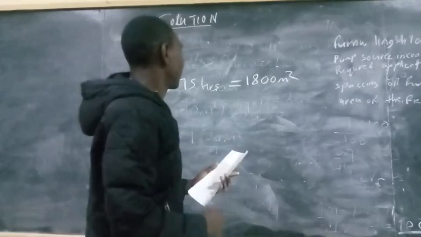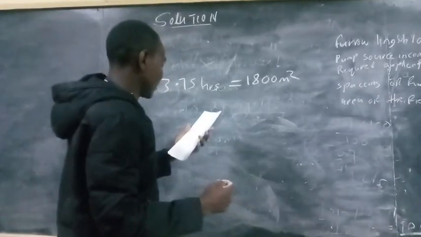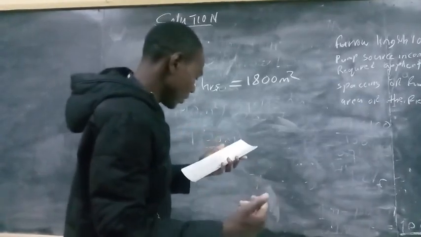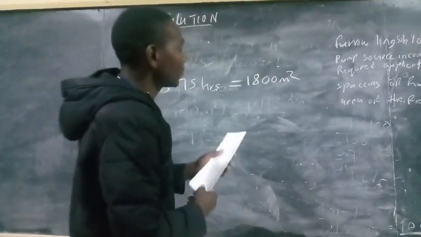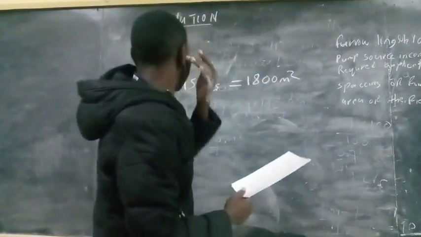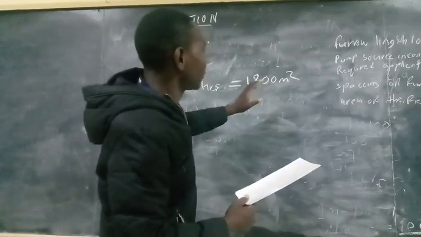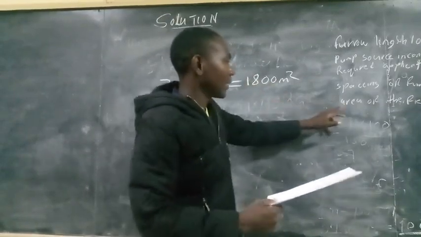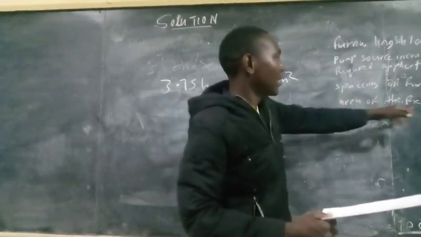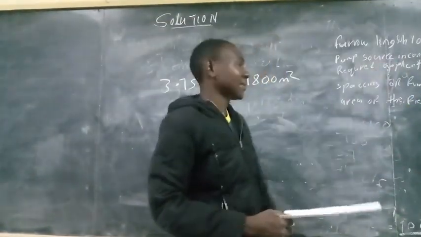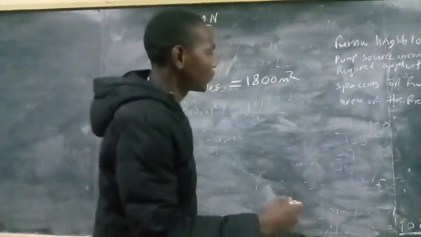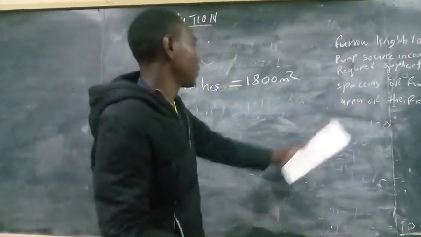Now, since we want to find the time required to get the whole field, first you have to find the meters squared of the entire field. Here we are given, according to our data, the area of the whole field, which is 10 hectares, ladies and gentlemen. So now we have to convert that 10 hectares into meters squared.